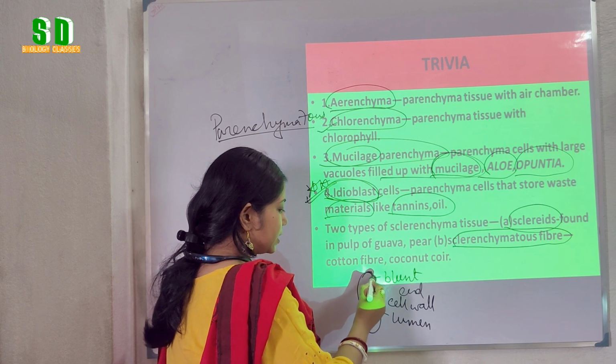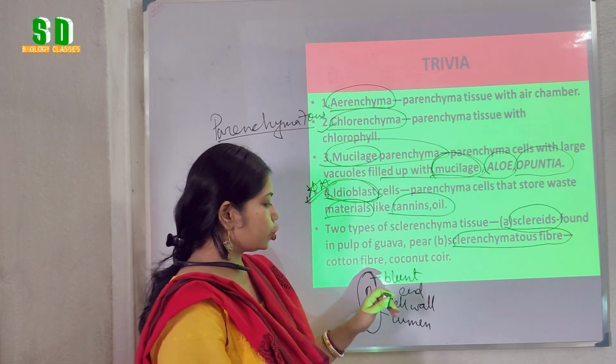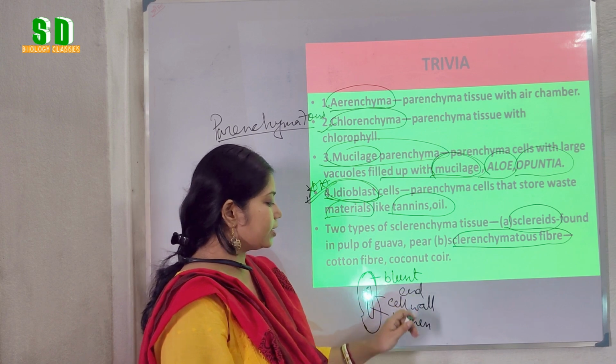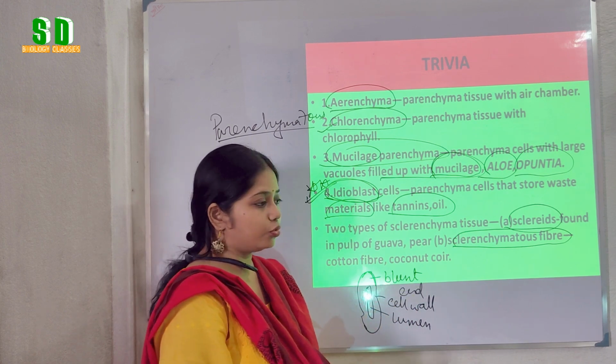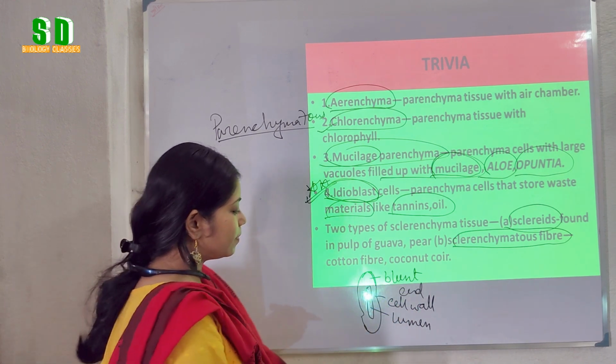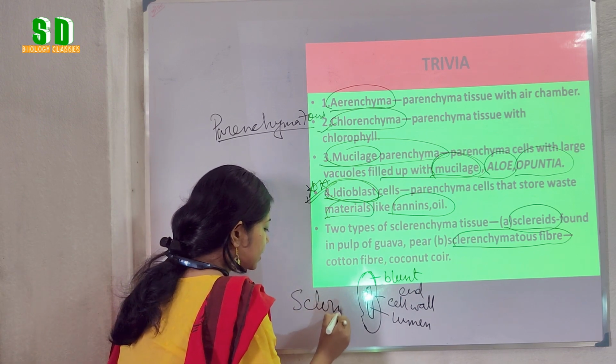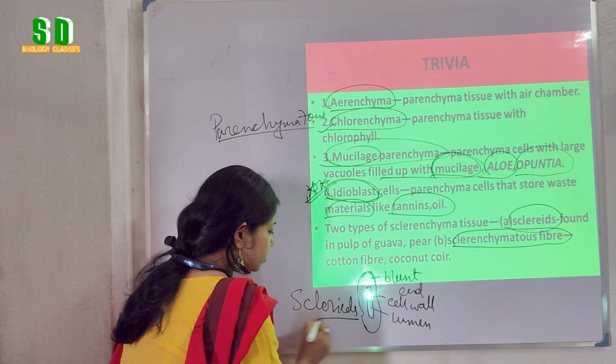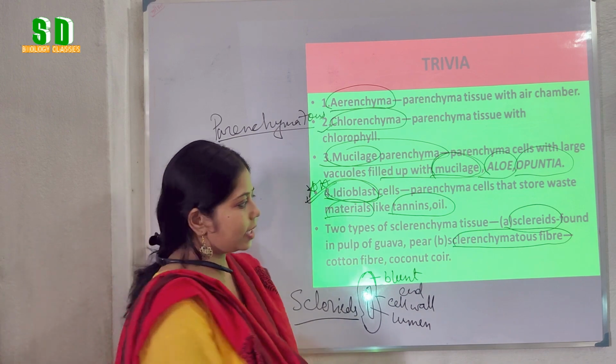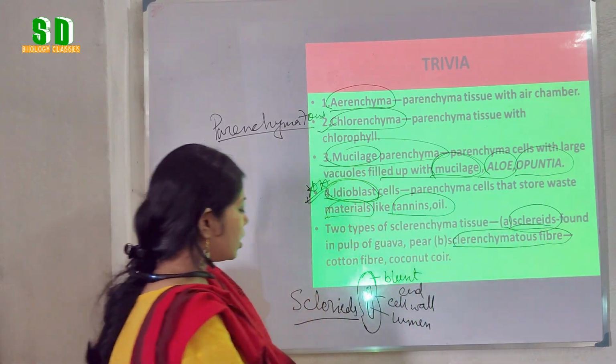When the cells have a blunt end with thick cell wall and narrow lumen, this type of sclerenchymatous tissue is called sclereids.